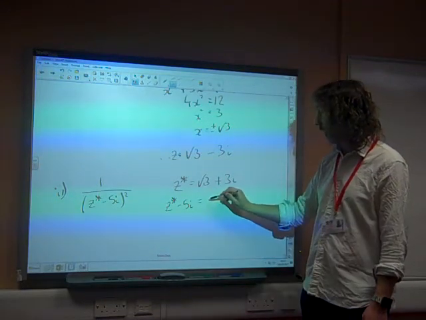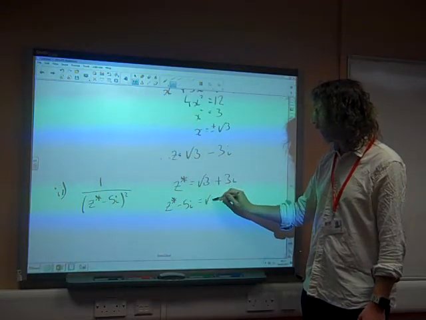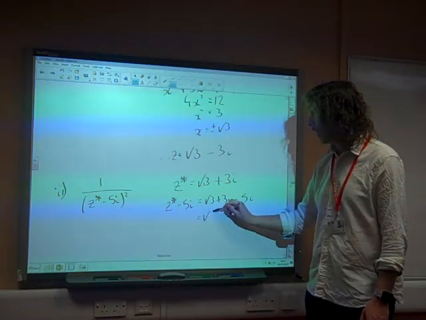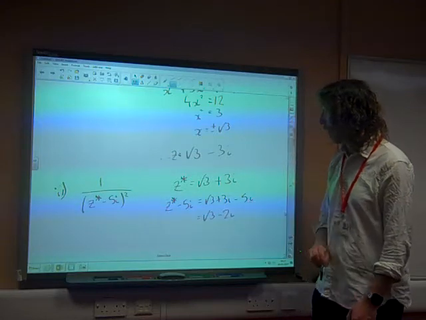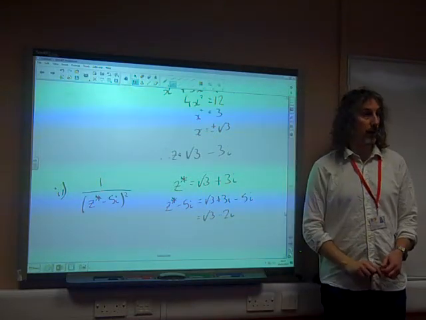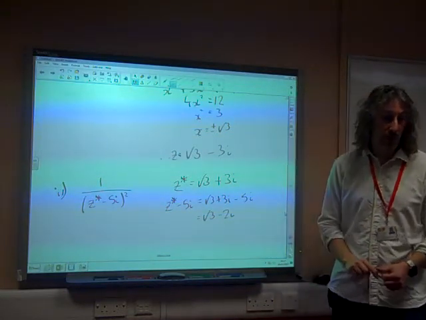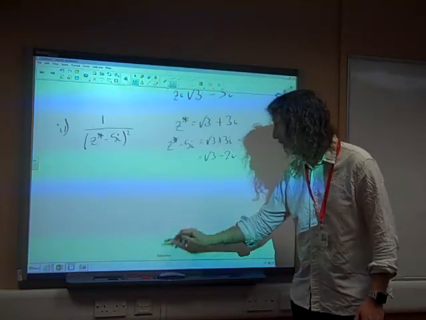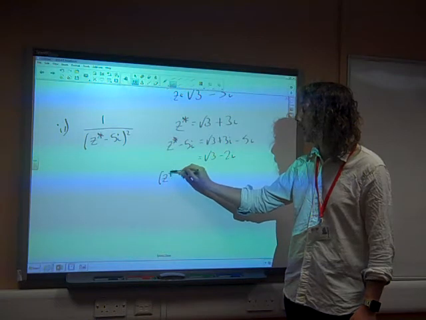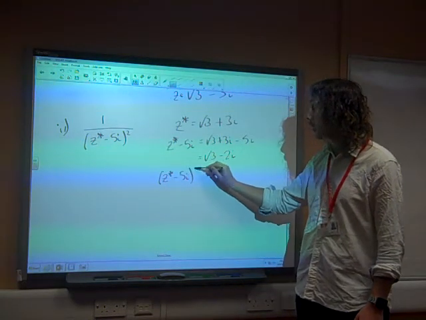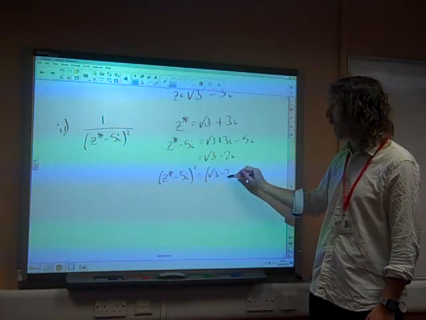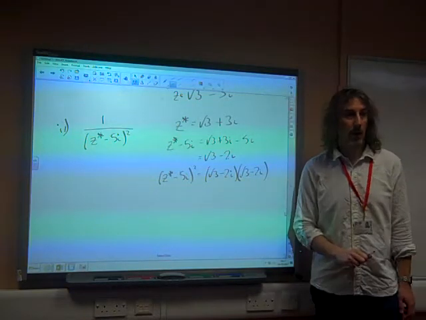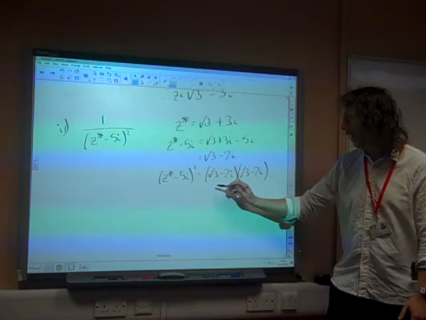That is root 3 plus 3i minus 5i, which is root 3 minus 2i. So that's the thing that is on the bottom, the thing that is going to be squared. So z star minus 5i squared is root 3 minus 2i times root 3 minus 2i. Just carefully bring all of this together.